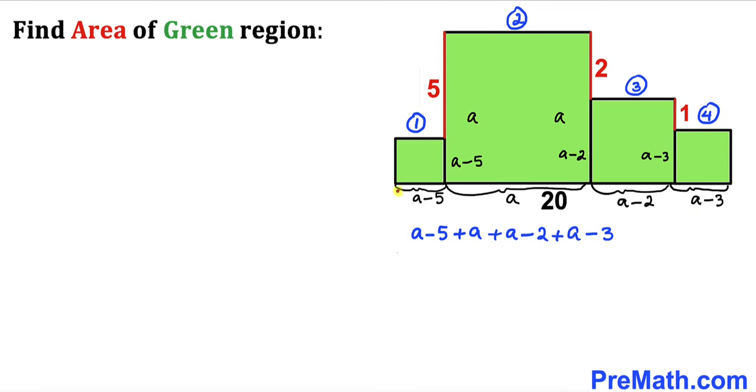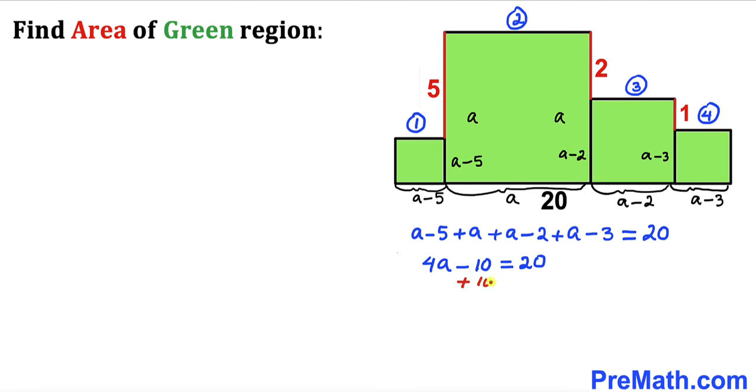And now we can see that this whole base length has been given to us as 20. So therefore I can equate this left hand side equals to 20. And now we are going to combine the like terms, and solve for a.